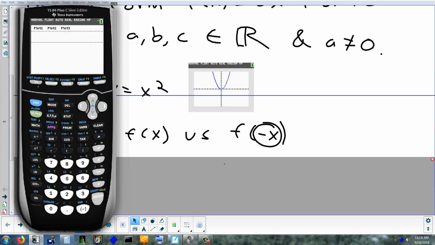Now, if you put the parentheses in the wrong spot and you do something like this, negative x squared, or you put them in a different spot, I won't say it's the wrong spot. Let's see if that made a difference. Made a big difference. All right, so that's putting them in a different spot. So what this problem wanted us to do is what I had the first time.